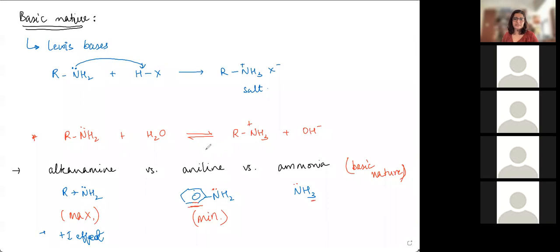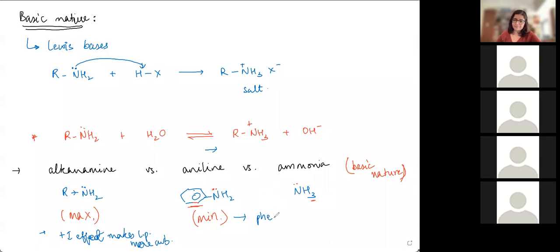So plus I effect makes the lone pair more available. And this is minimum because the phenyl ring has a minus I effect, it withdraws electrons, which is why phenol was acidic. So always associate electron withdrawing with acidic nature, electron donating with basic nature.